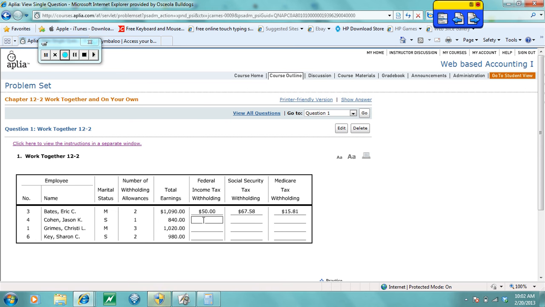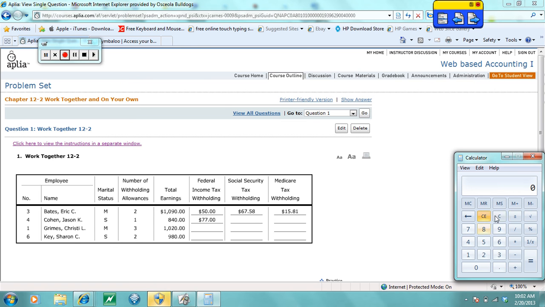Go across to where it says 1. You should come up with $77. It's very important that you're very accurate on that. Now you take the 840 and you times it by what? $840 times 0.062, right?